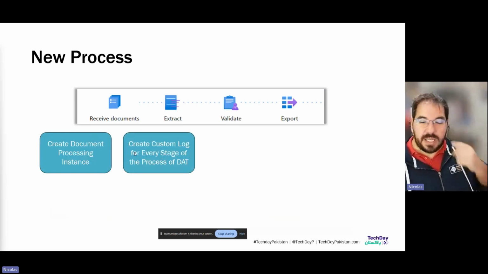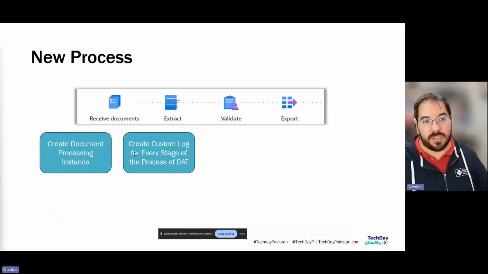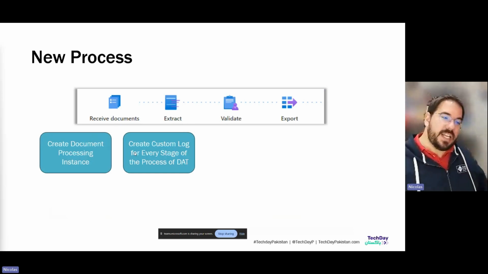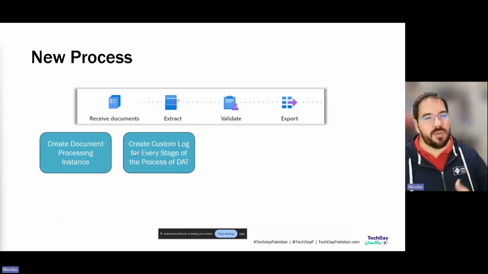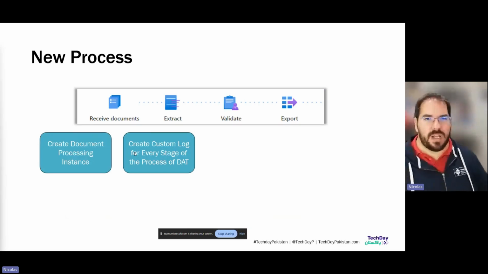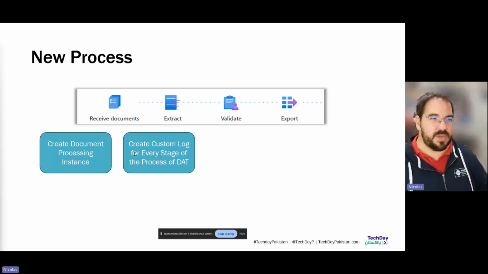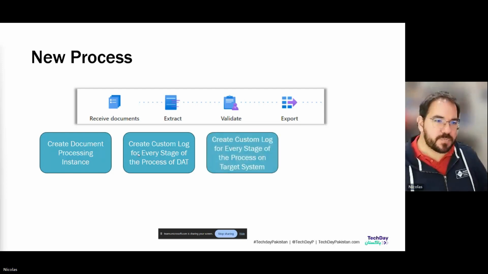You can create a custom log for every stage of the process on Document Automation Toolkit for the native stages, but also, as I mentioned, if you create some approval processes, those stages are something you want to track as well, to know who's approving, how much time they're taking to approve, if the approval is rejected and it goes back, and all those stages.